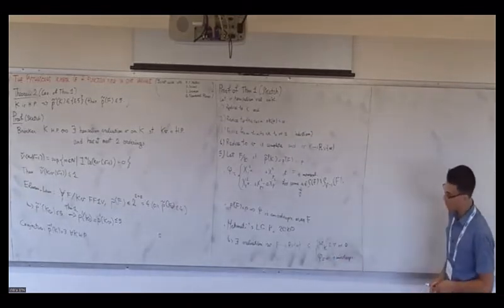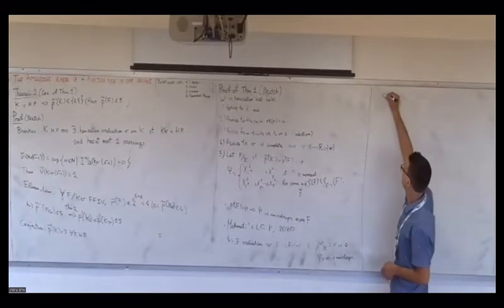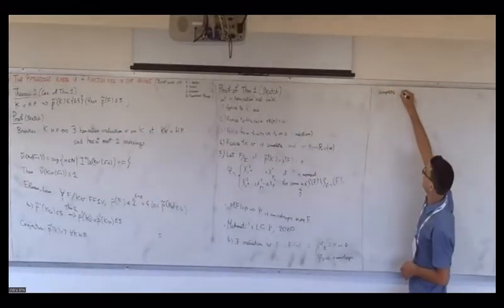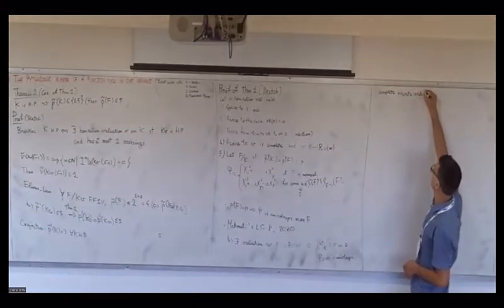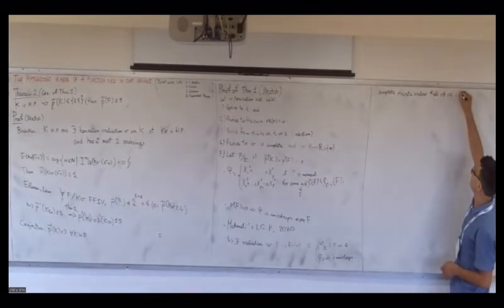So good. So you know that a complete discrete valued field of rank 1 is also Euclidean.